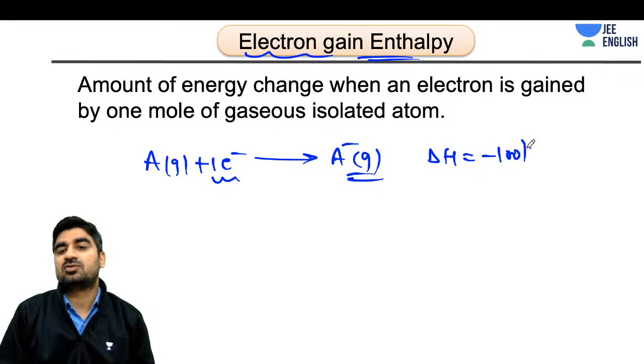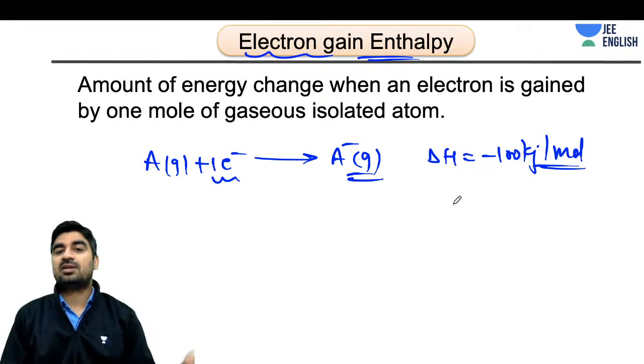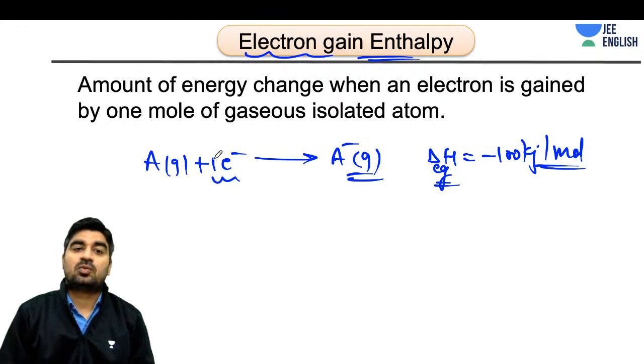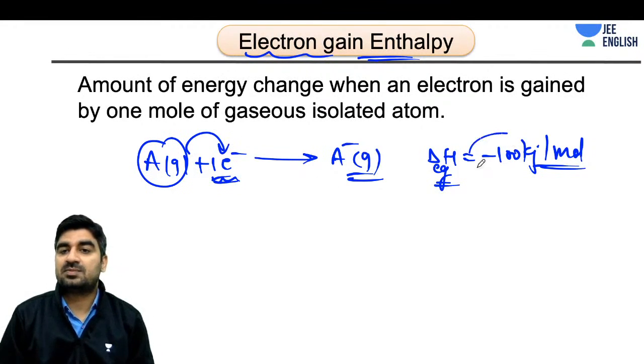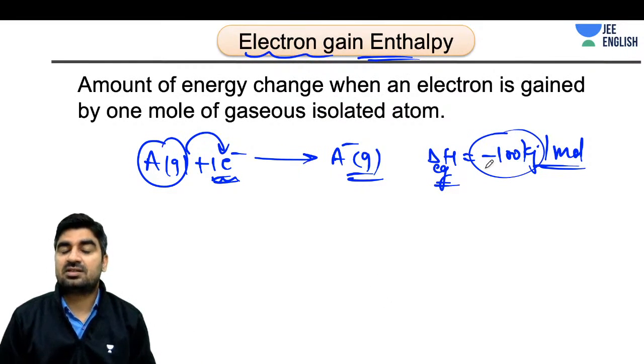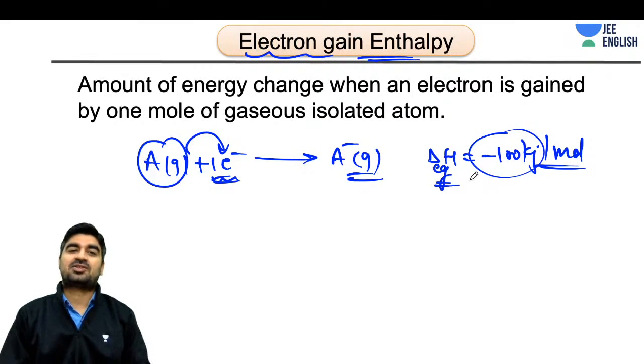Suppose it is 100 kilojoule, right? So I will say this is electron gain enthalpy. So when an isolated gaseous atom absorbs an electron, energy is released in general, not always. And this energy released is called electron gain enthalpy.